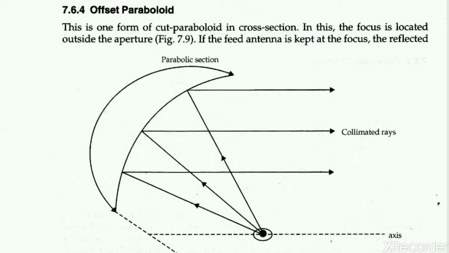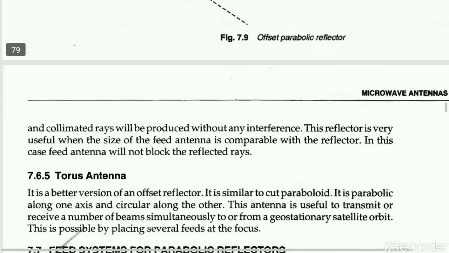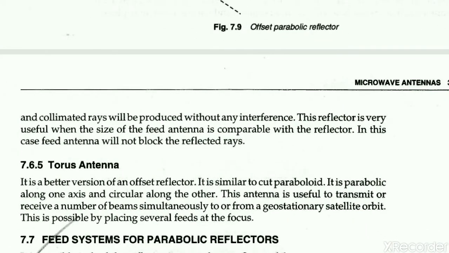If the feed antenna is kept at the focus, the reflector reflects and collimated rays will be produced without any interference. This reflector is very useful when the size of the feed antenna is comparable with the reflector. In this case, the feed antenna will not block the reflected rays.